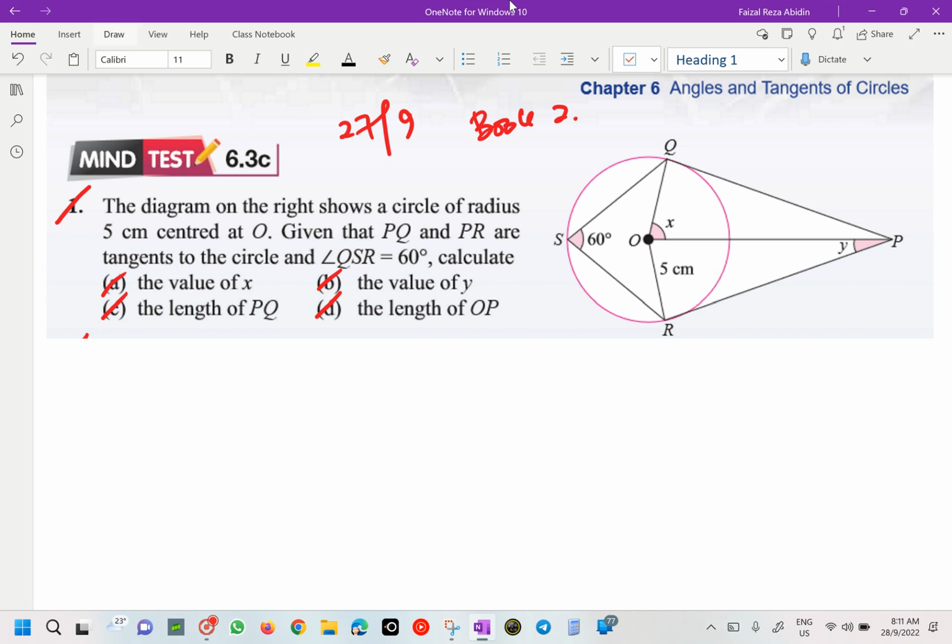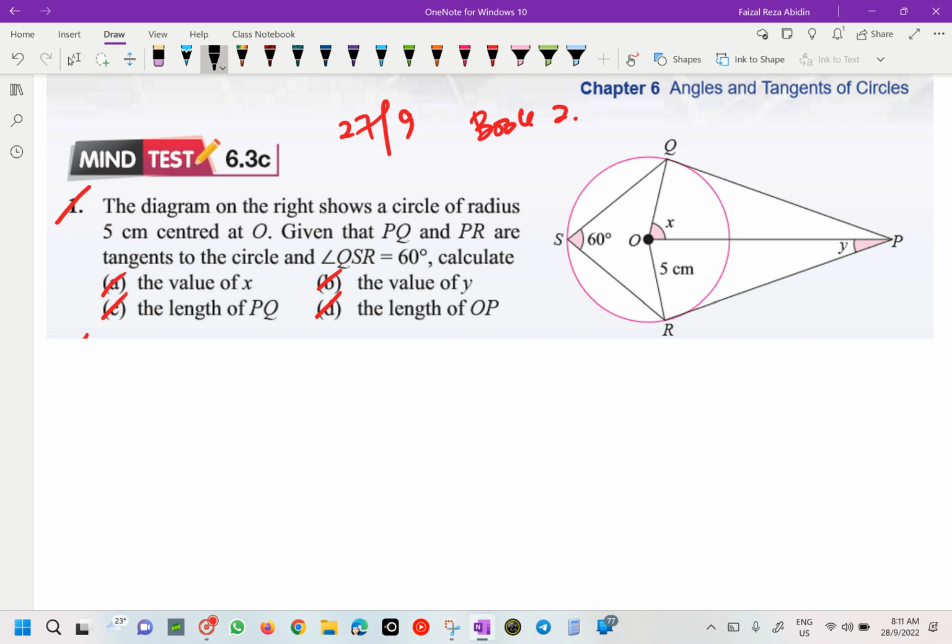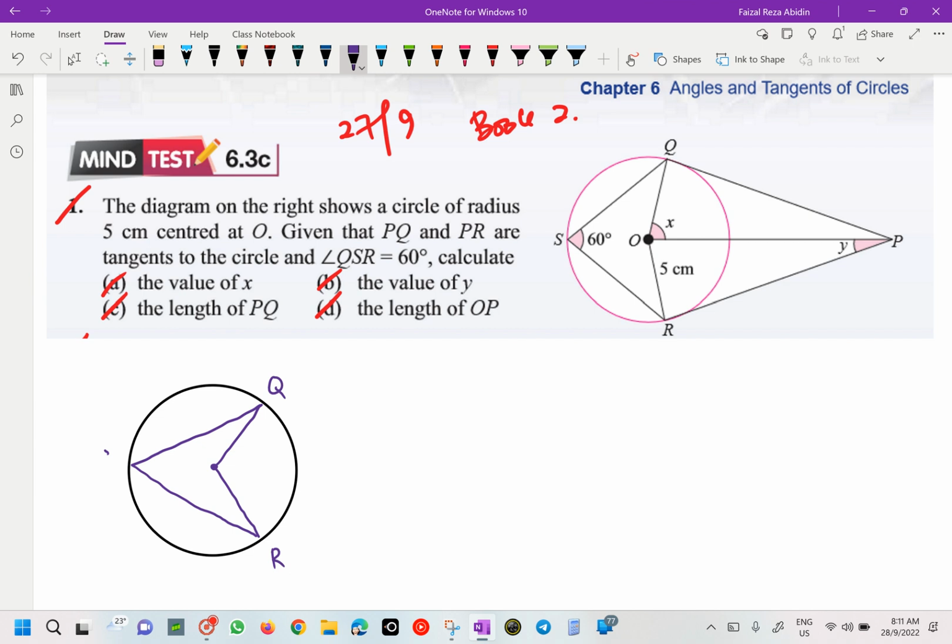By using, okay, let me draw for those who cannot see, we are using the concept of the arc over here, which is the arc of QR. Okay, and we are going to have our S over here, which is the angle at circumference, going to be 60 degree.